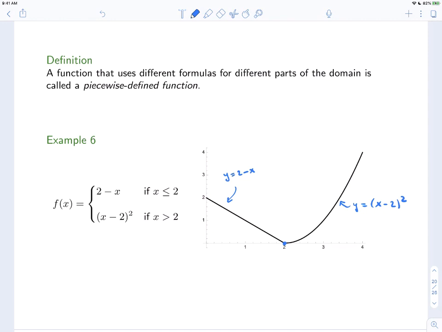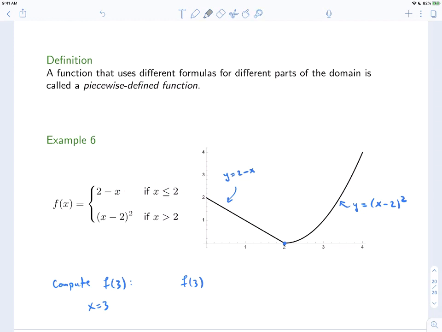So for example, let's compute f at 3. If we want to use this rule to compute f at 3, that means that x is equal to 3. So you look over here and you say, okay, is x less than or equal to 2?